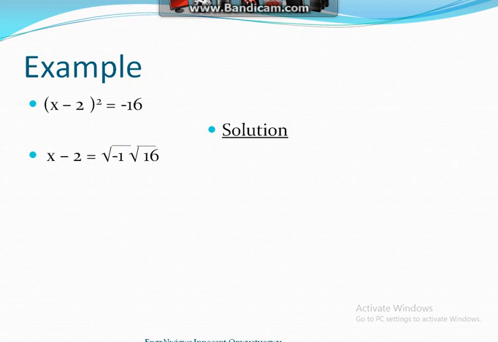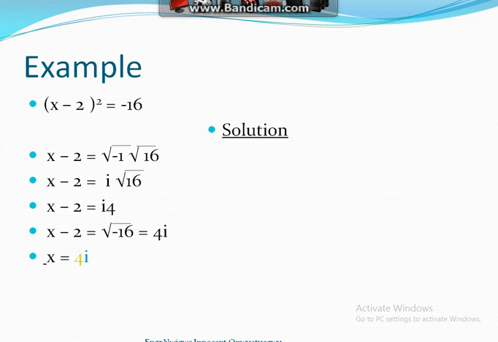We have x minus 2 equals the square root of minus 1 times the square root of 16, and the square root of minus 1 is i. Therefore, x minus 2 equals 4i, since the square root of 16 is 4. Making x the subject of the formula, you have x equals 4i plus 2.